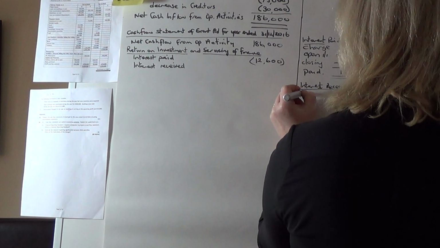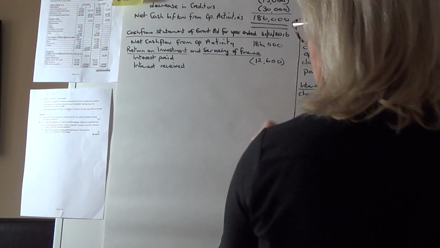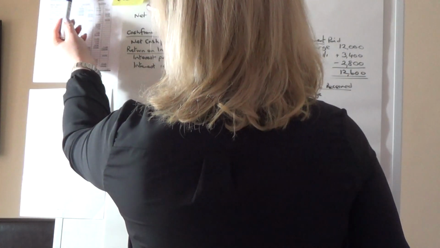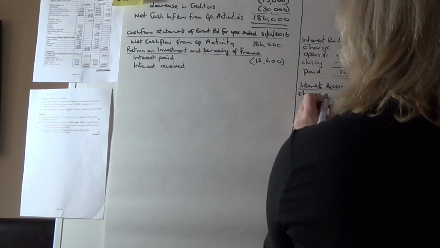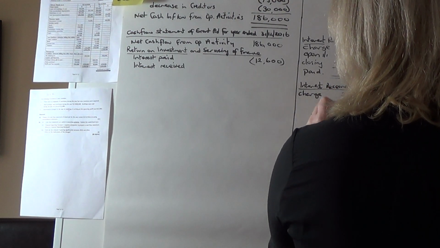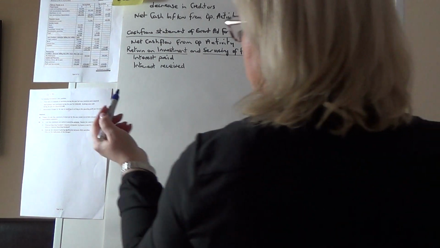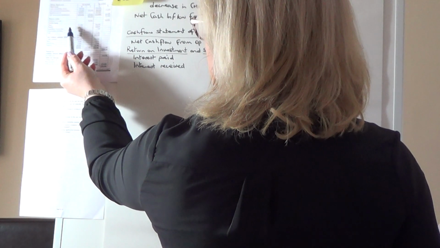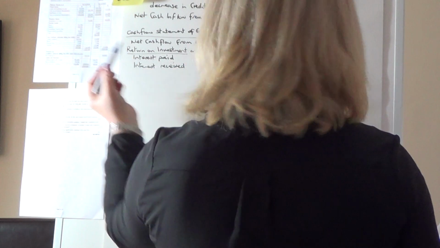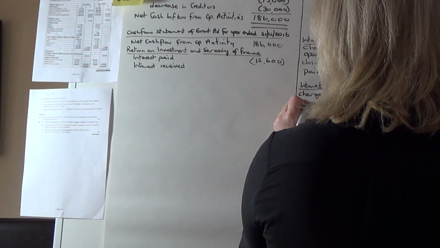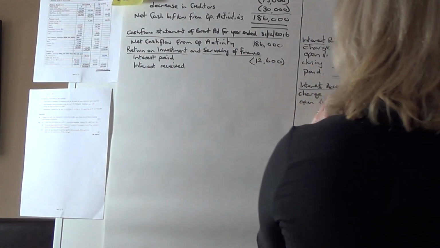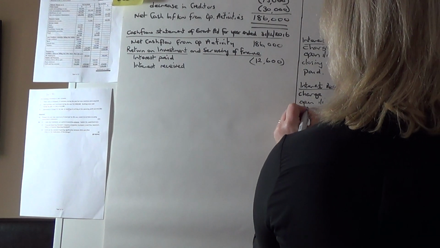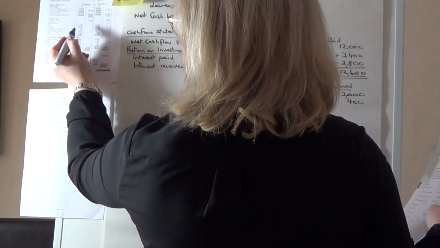So again we have the charge, or what we expected to receive. Investment income for the year was 2,000, and we look then to the current assets. So the investment income due at the beginning of the year was 400, and due at the end of the year was 300.